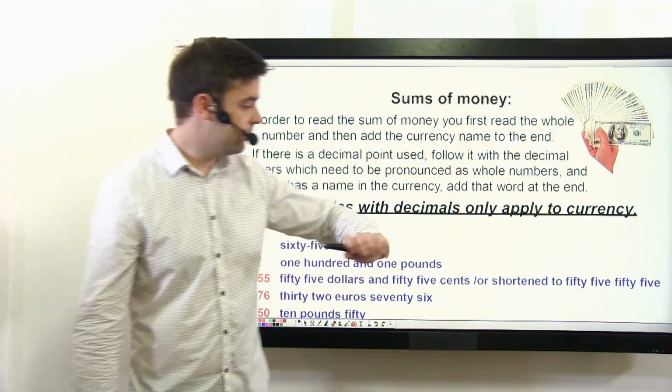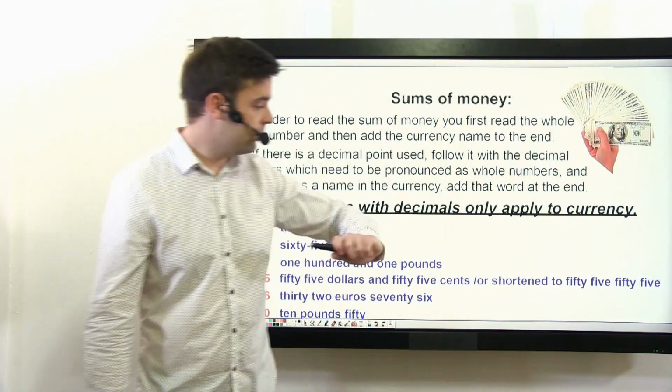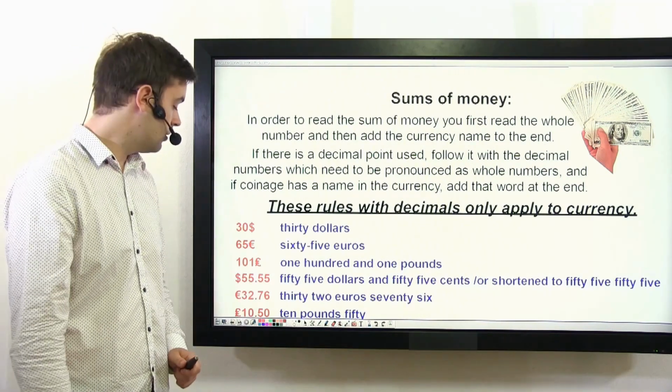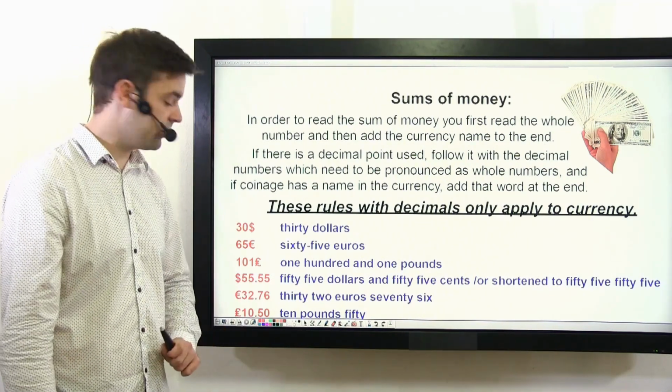You can also shorten of 32 euros. $50. Or you can shorten it to.